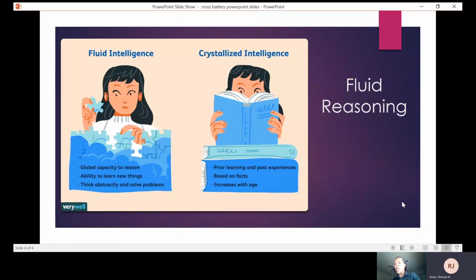RG measures logical reasoning, and RQ measures mathematical reasoning skills, both induction and deduction, that include numbers and/or measurements. The broad ability Gf includes skills such as identifying relationships, making inferences, organization, and identifying related concepts.